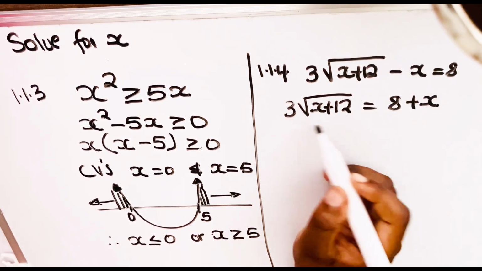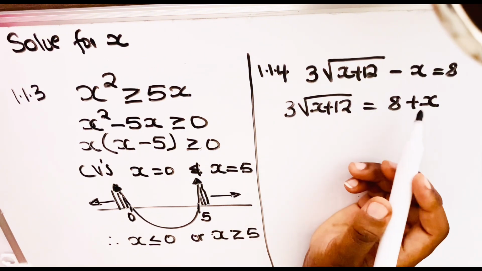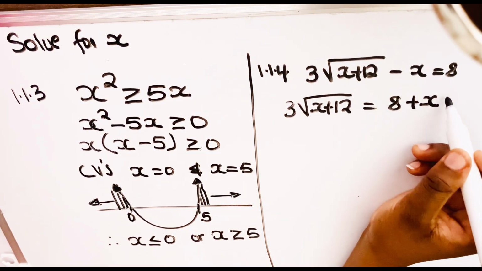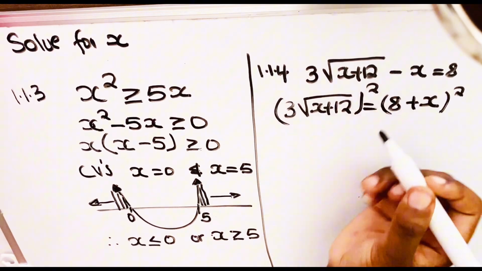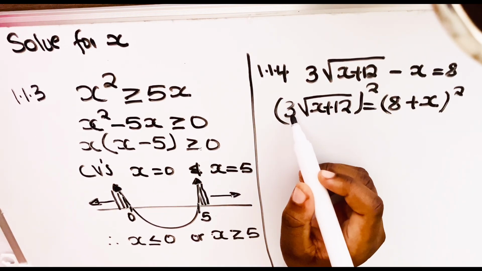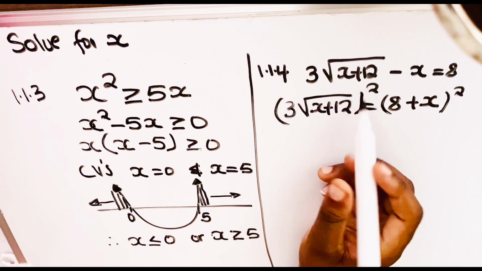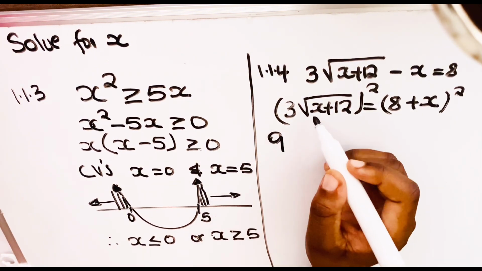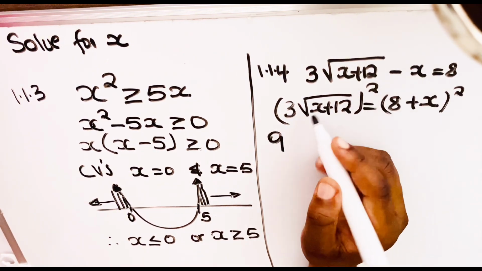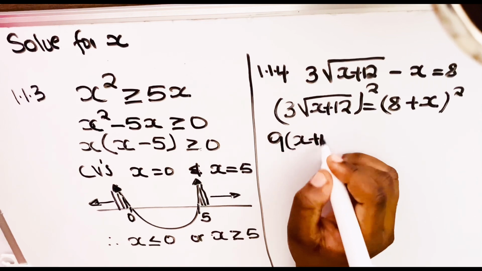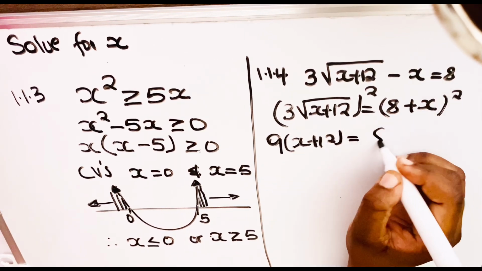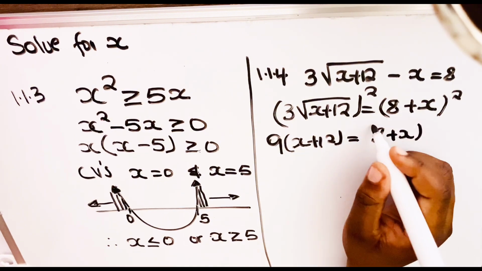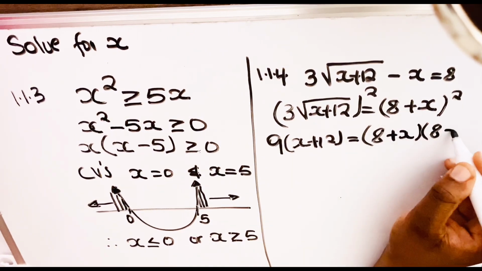Now that the root is isolated from any term, we can therefore introduce the square both sides. Be careful of the 3. The 3 is also squared. So 3 squared is 9. The root is also squared. So that will give us x plus 12. So this simply means the 8 plus x is multiplying itself twice.